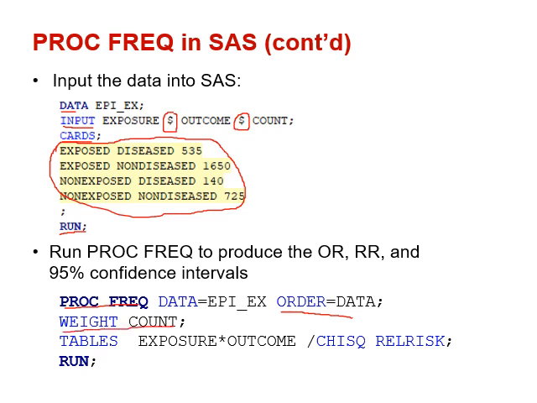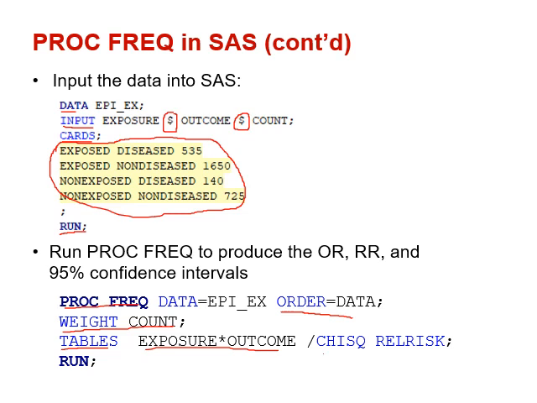The weight count statement is used to input cell count data, that is 535, 1650, 140, and 725. The tables statement with exposure into outcome will produce a 2 by 2 table in SAS output.